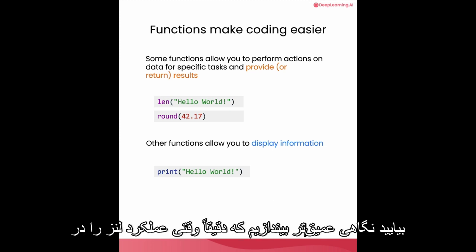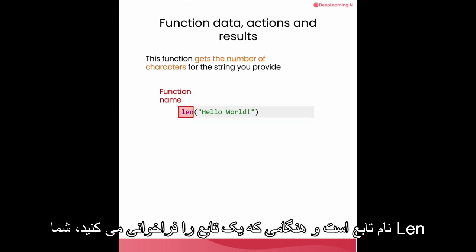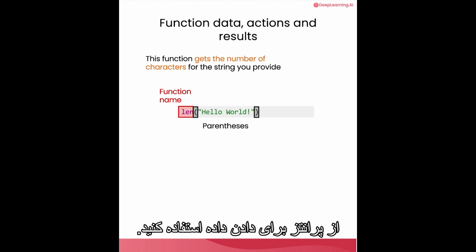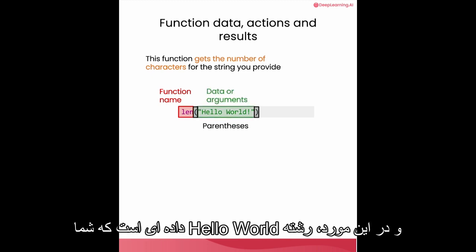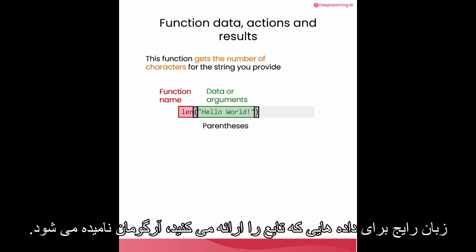Let's take a deeper look at what exactly happens when you call the len function on hello world. Len is the name of the function. And when you call a function, you use parentheses to give it data. And in this case, the string hello world is the data you're giving to the len function. The common lingo for the data you provide a function is called the argument.